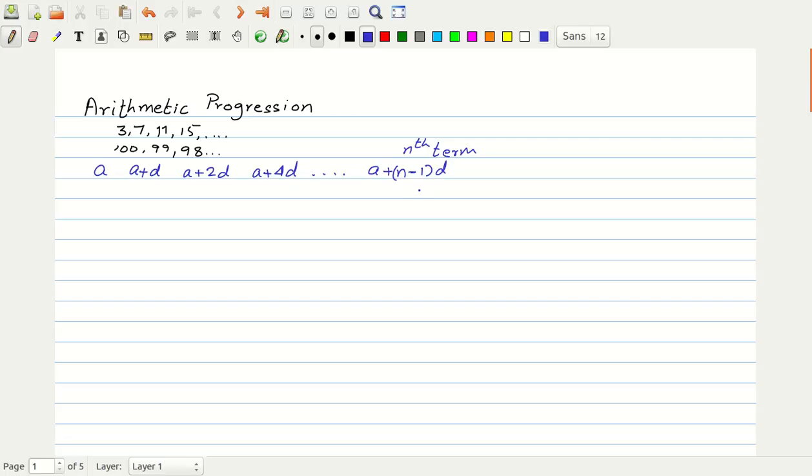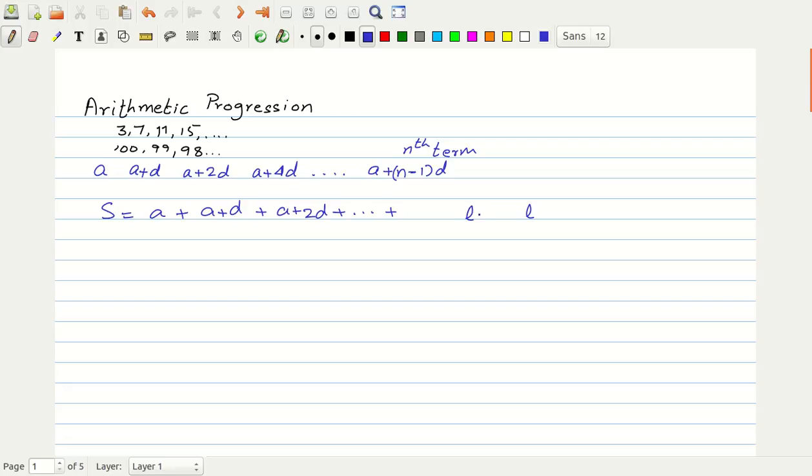Now let us see how to add an arithmetic progression. Suppose the series is A plus (A plus D) plus (A plus 2D) plus, and so on, and suppose the last term is L. Then what will be the previous term?